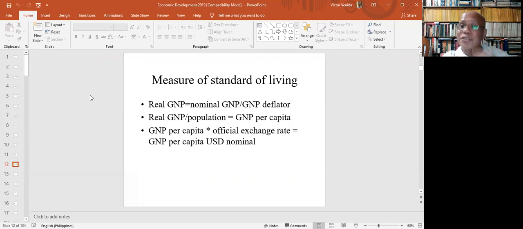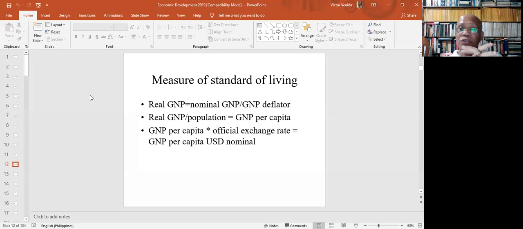So you have what is called the real GNP, which is nominal GNP divided by the GNP deflator. The GNP deflator is a number that indicates the increase in price levels since a certain base year.